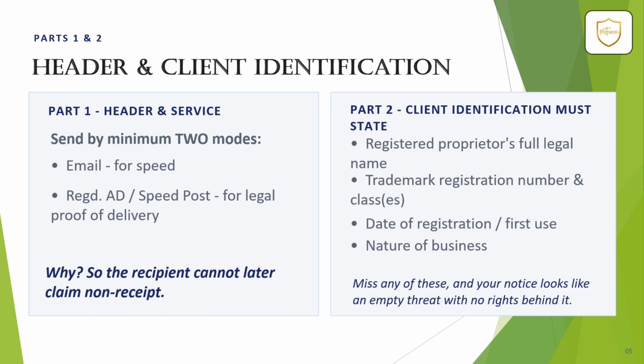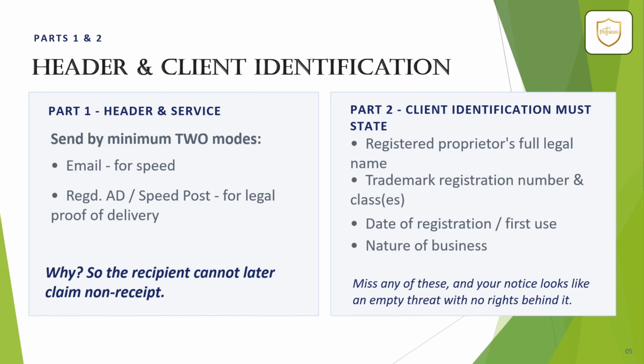In part two, the client identification for our matter: Sundrop Beverages Private Limited, which is the registered proprietor of Sonora. As we have already seen, the registration number is 3456789, and it was registered in class 32.